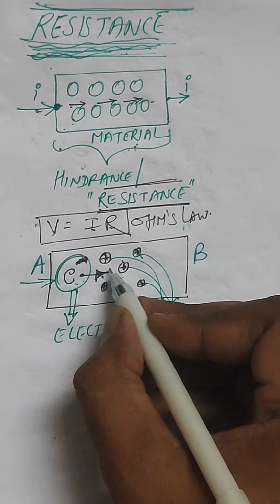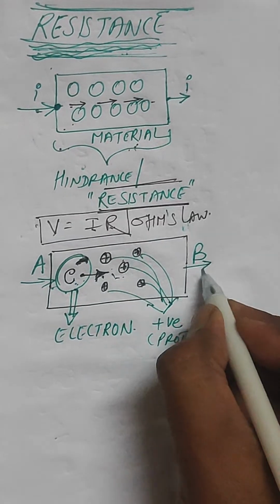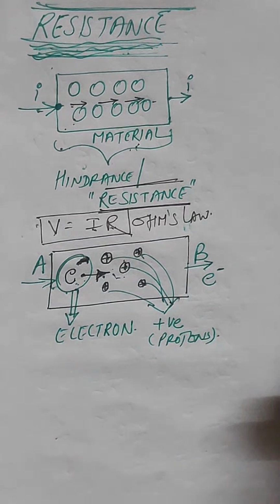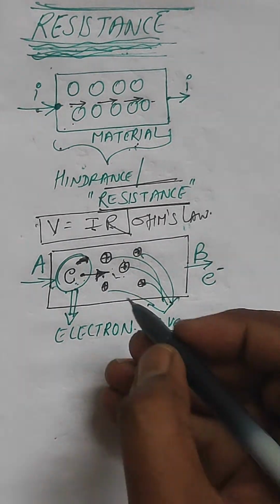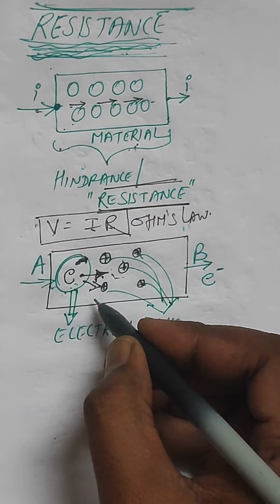They will not directly allow this electron to reach from A to B, so the electron will encounter and struggle with one of the protons.